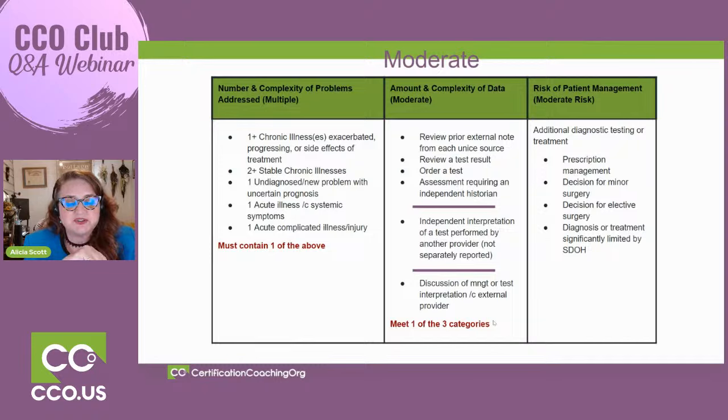Decision for minor surgery. Now, there's a lot of other information that is put on the E&M there. I've got it actually behind the screen on the slide deck, but just note that you kind of whittle it down. It just means decision for minor surgery.